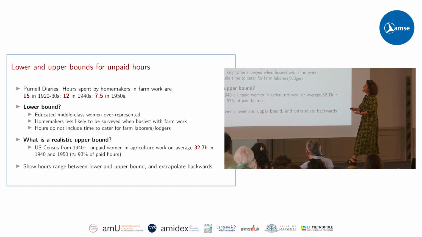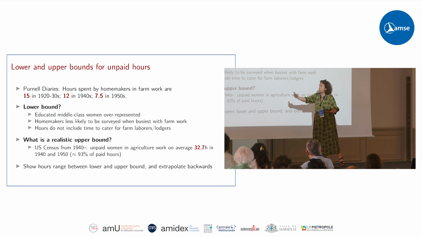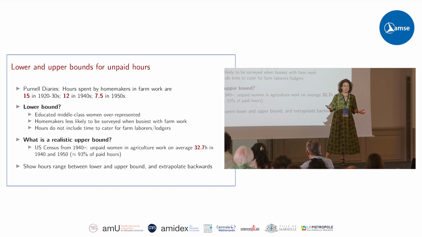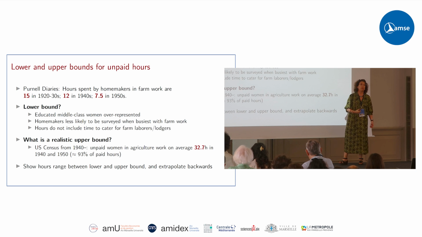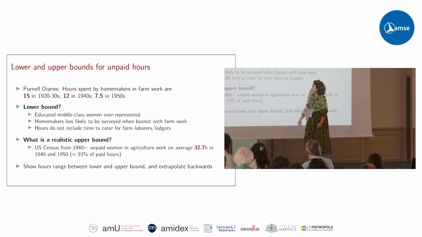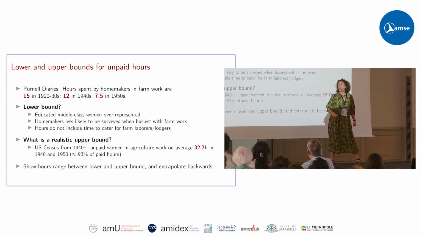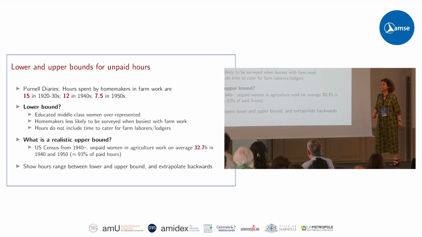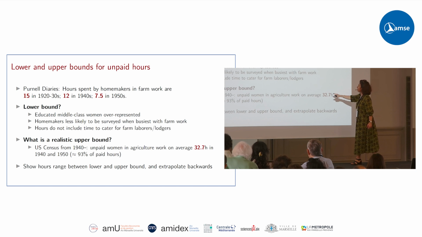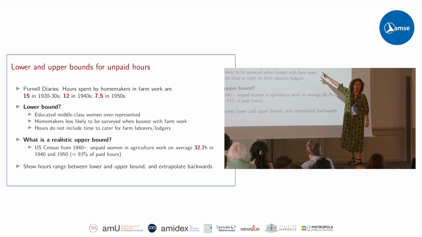So we argue this is a lower bound, but then what is a realistic upper bound? We have nothing else, basically. The only thing that we can use is the US Census, but remember the US Census has information on unpaid hours from the 1940s. So in 1940 and 1950, unpaid hours on the farm were on average 33 per week, so much higher than that.